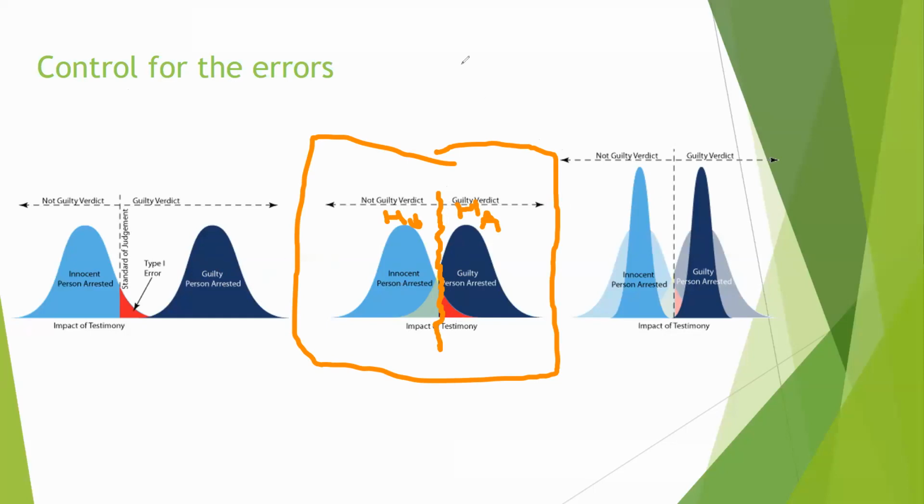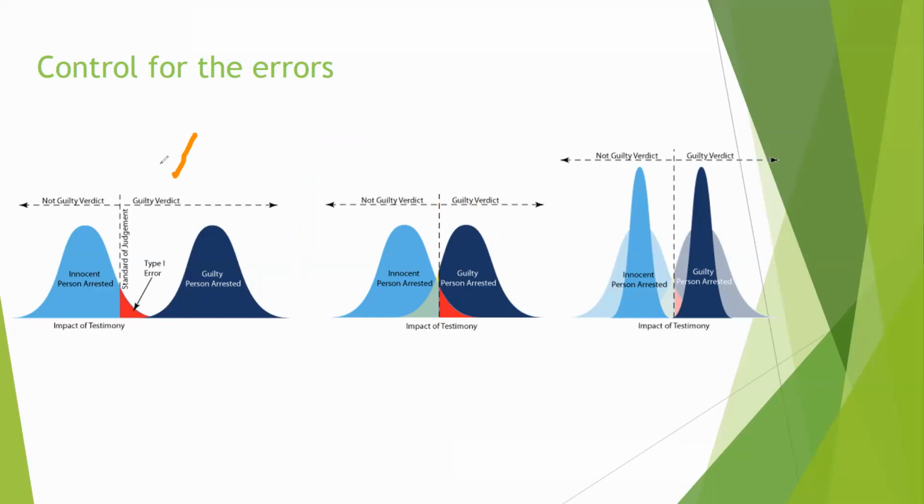One way is to choose the test where the difference between these two distributions is large. If the true difference between the null distribution and the alternative distribution is larger, then even if we do not change the type 1 error, we can increase the detection power, right?